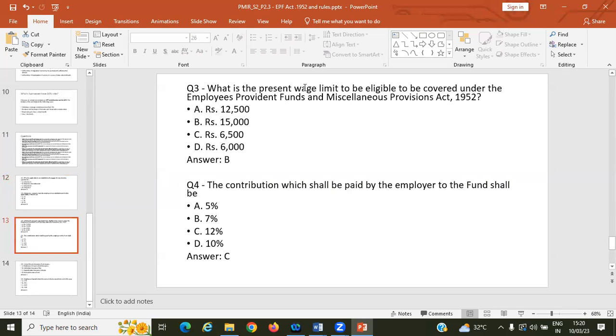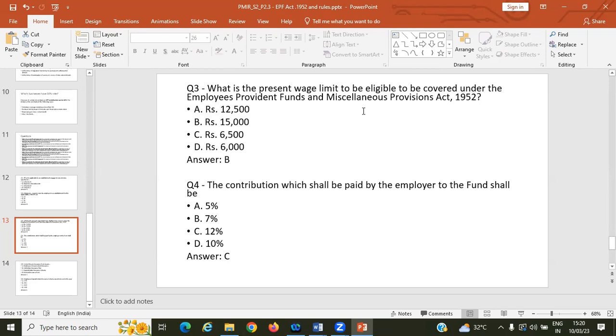What is the present wage limit to be eligible to be covered under the Employees' Provident Fund Act? The present wage limit is 15,000.